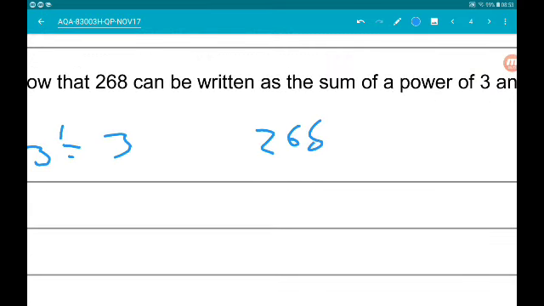So, 268 minus 3 is 265, which isn't a square number.